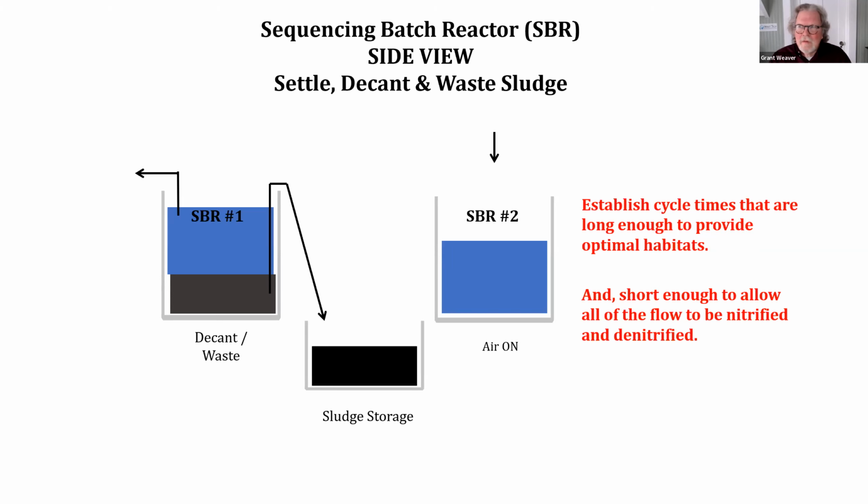Now, something about oxidation ditches and SBRs that they have in common is there's a lot of water in these tanks. So in an SBR, this fill and draw cycle is nowhere near half the volume of the tank. Might be a third, might be a quarter. So there's a lot of dilution. In a more conventional flow-through treatment plant, you can actually do profiles during different times and see what happens to the ammonia and nitrates.